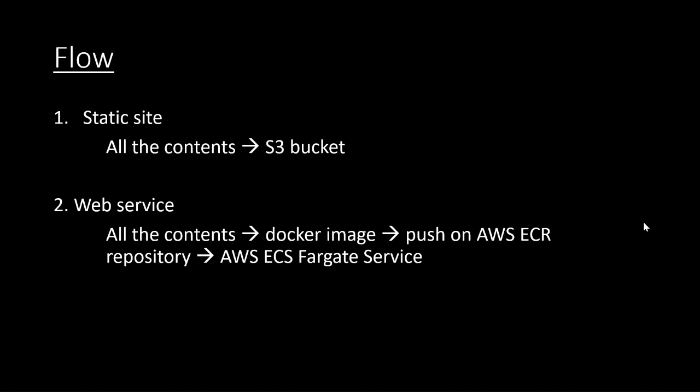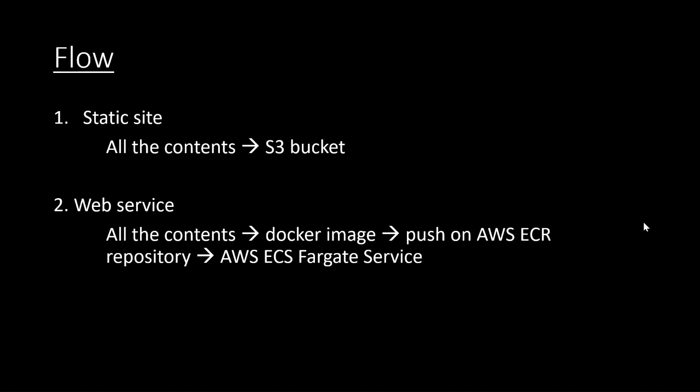Now, this will be the flow. For the static site, we'll be fetching all the contents from the GitHub repository and then pushing it on the S3 bucket. And for the web service, we'll fetch the contents, then we'll create a Docker image of that, and then push it on the AWS ECR repository that we'll be creating.